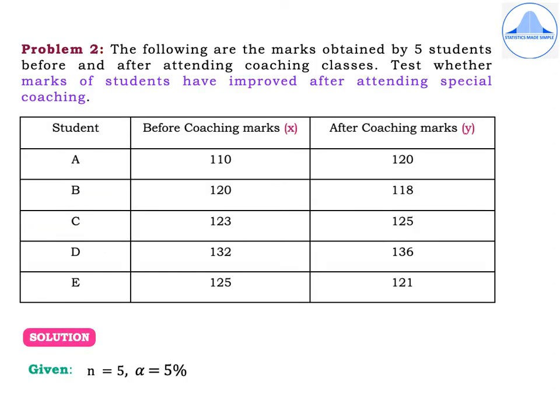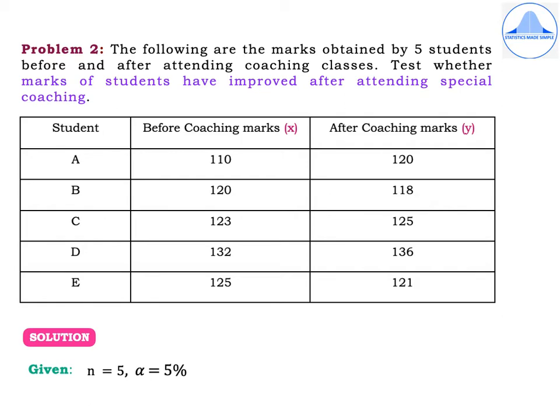Problem 2. The following are the marks obtained by 5 students before and after attending coaching classes. Test whether marks of students have improved after attending special coaching. In the first column, we have student A, B, C, D, E, and before coaching, the marks are 110, 120, 123, 132, and 125.